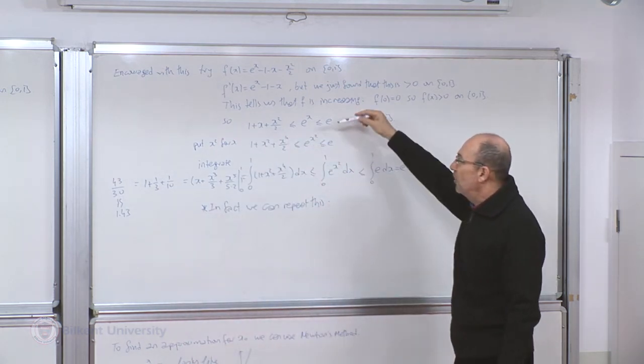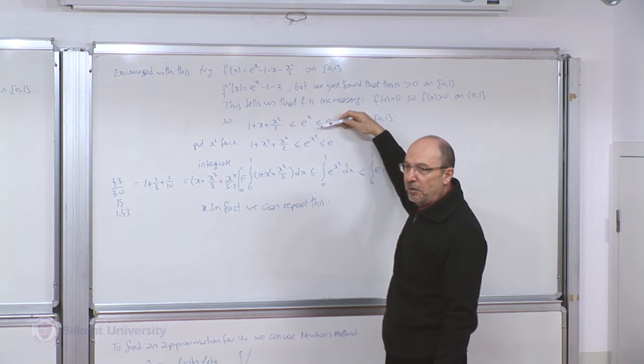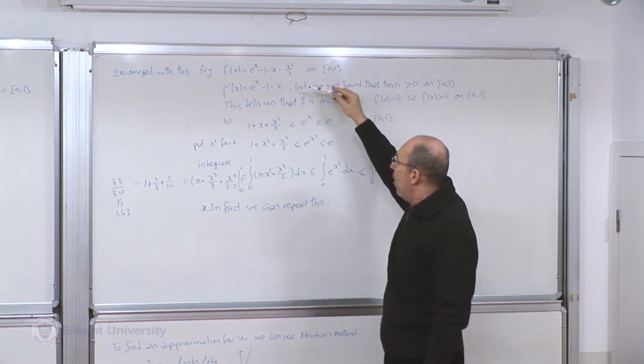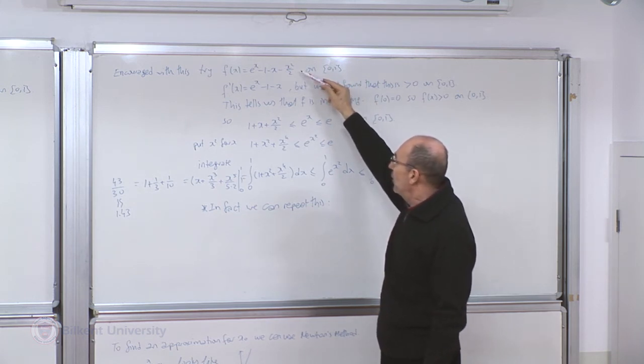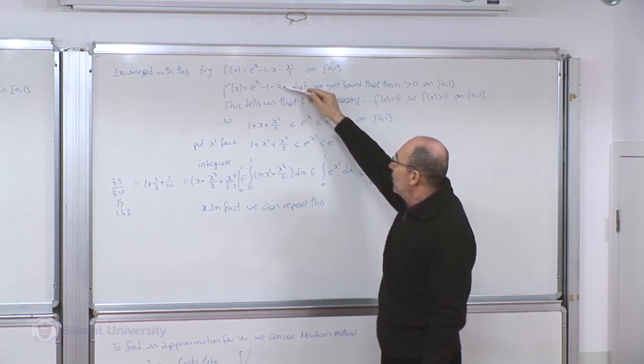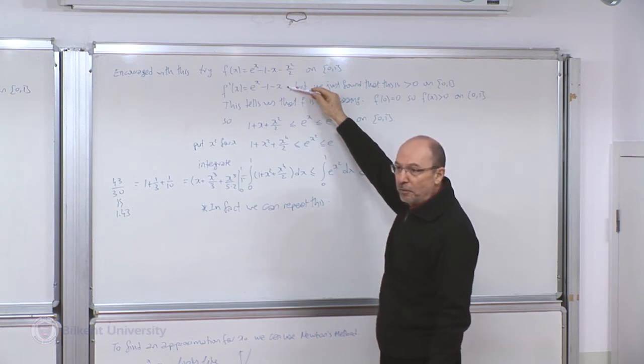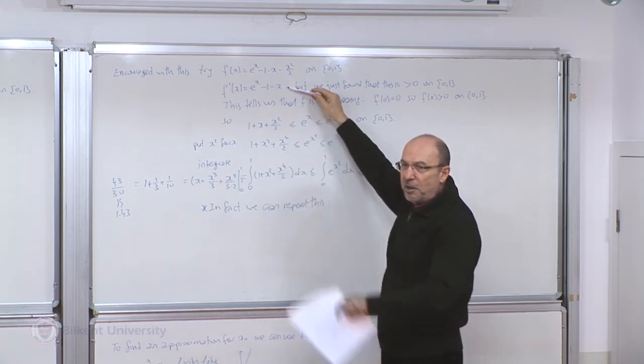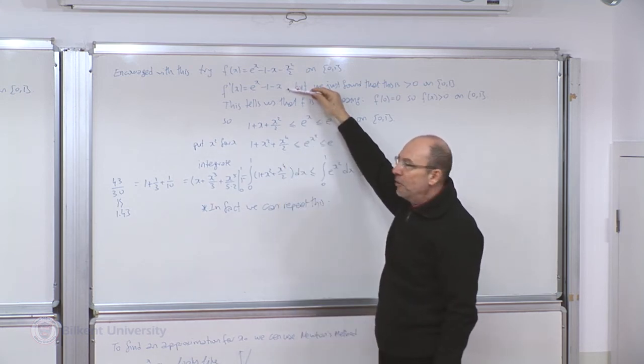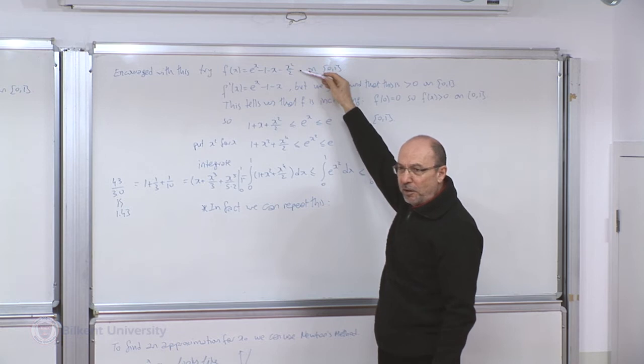This tells me what will happen in the next step. I want to add something here so that when I take its derivative, I'll get minus x squared over 2, and then I will know from this stage that it is always positive. So the new thing with the added term is still positive.